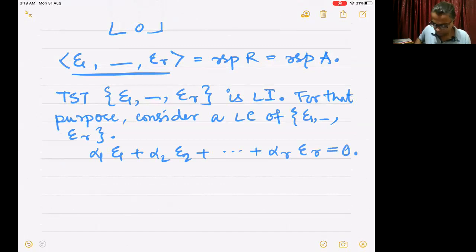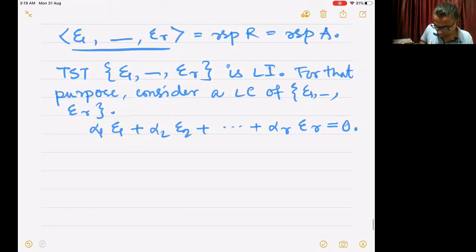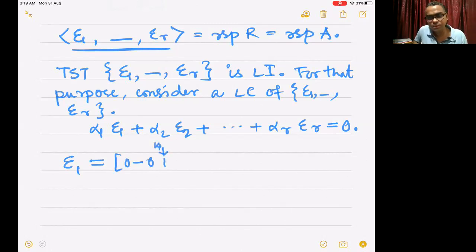Okay. Now, how does epsilon 1 look like? Remember, epsilon 1 would look something like this. There will be some zeros initially, then there will be a leading one appearing at the k1th position. Then there could be zero or non-zero entries, we don't know.